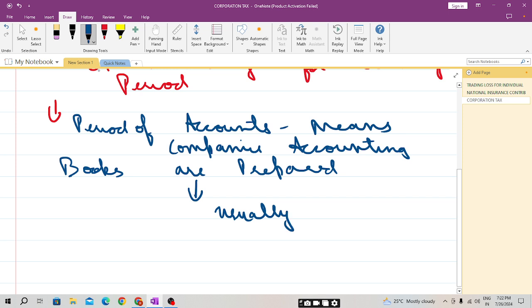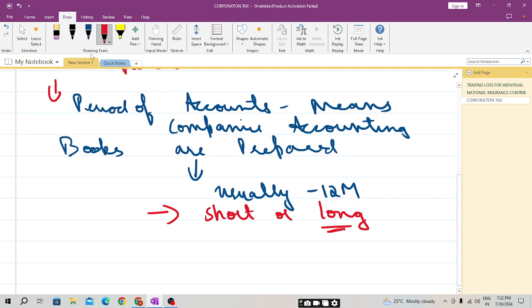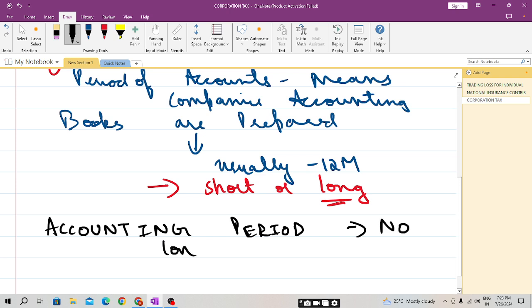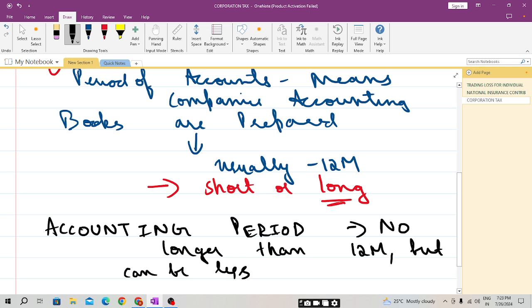Usually it is 12 months, students, but in certain cases it can be short or long. But coming to the most important point, the accounting period will be no longer than 12 months, but can be less than 12 months. I hope this is clear.